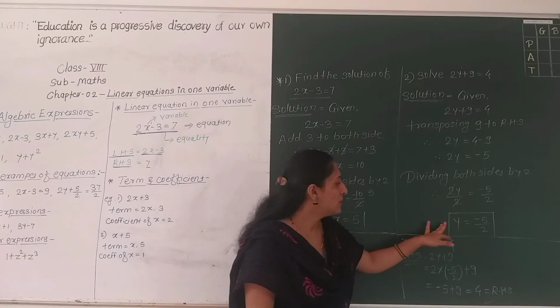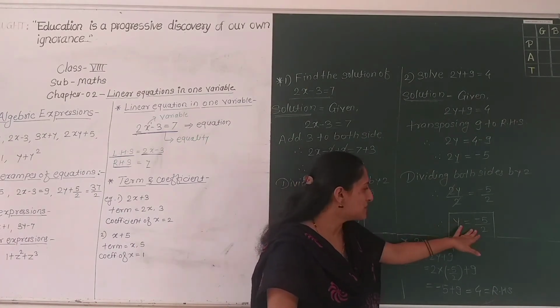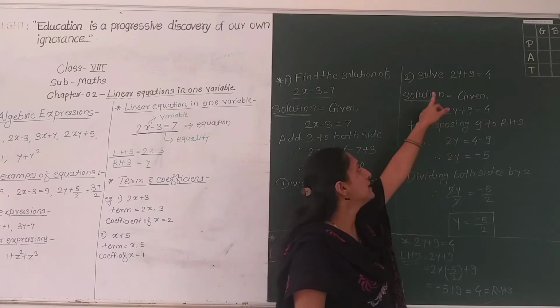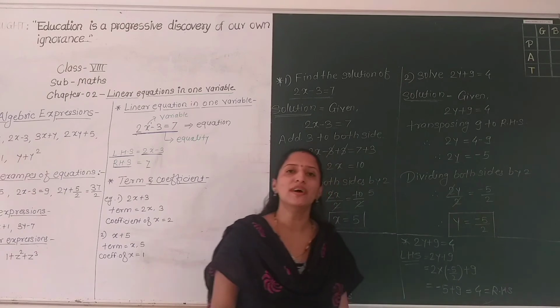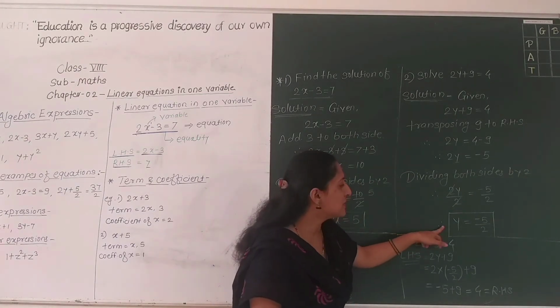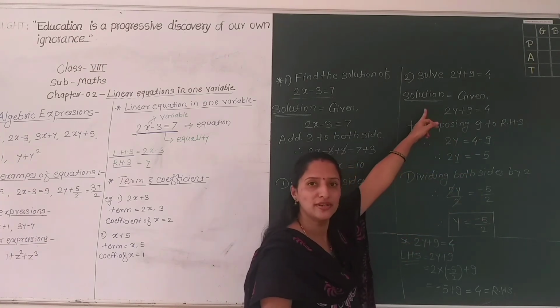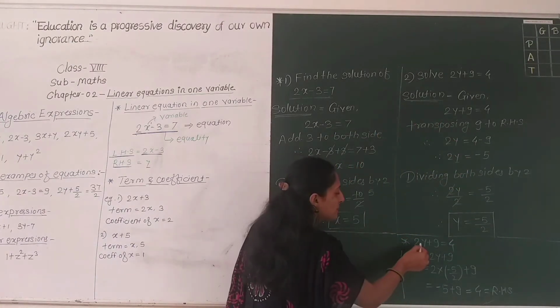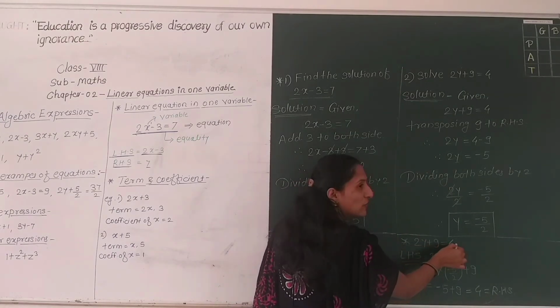Now why is it called a solution? Since if we substitute the value of y in the LHS of this equation, we get it equal to RHS. So let us check if y is equal to negative 5 upon 2 is the solution of this equation or not. Our equation is 2y plus 9 is equal to 4.